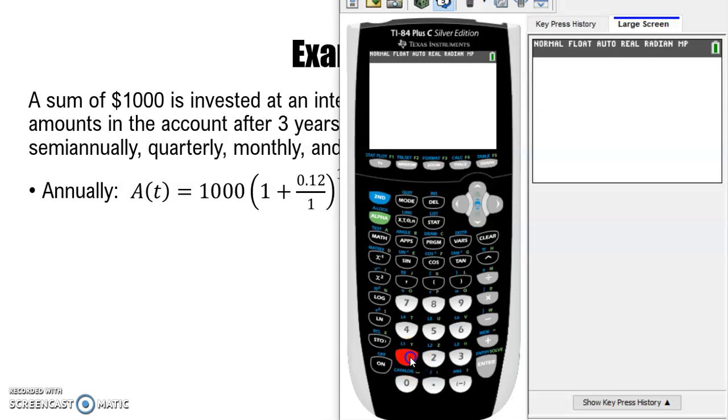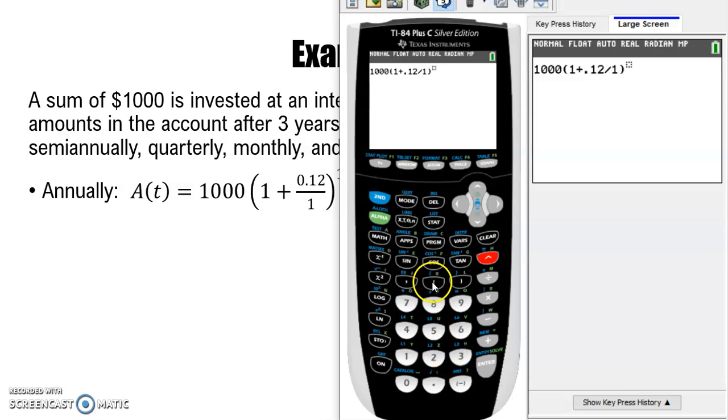Let me show you how I typed that in. I had 1,000 times (1 plus 0.12 divided by 1), close the parentheses, and then it's to the, and you can do 3 times 1 if you wanted to.